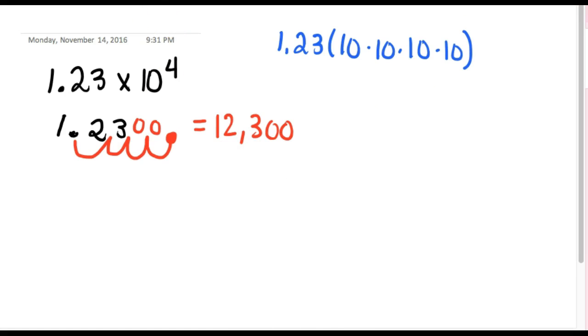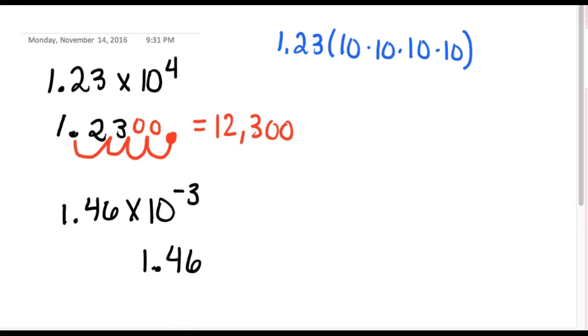Now, when we go negative, let's try it where it's 1.46 times 10 to the negative third. Okay, so I need my 1.46 down here. Now, which way do I move my decimal since I'm making this smaller?